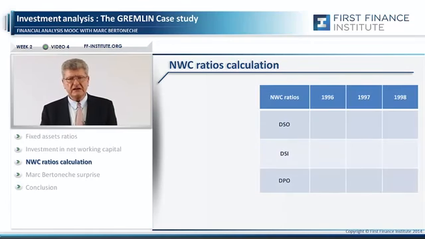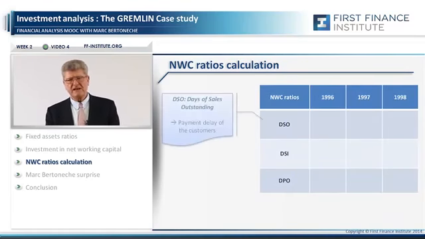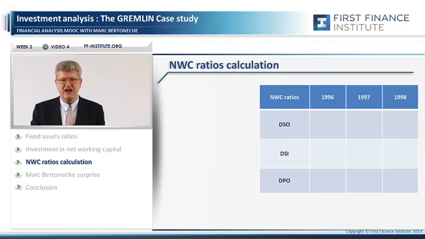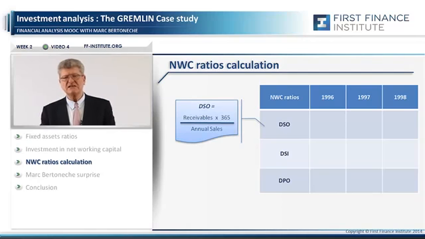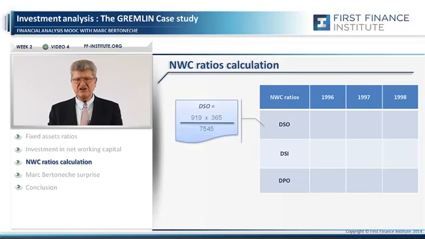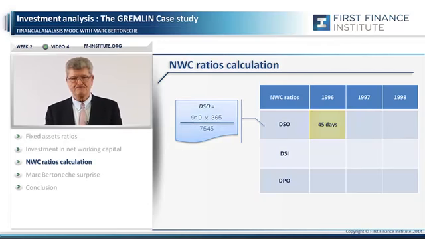If we look at the details now and the components of this net working capital, let's look at DSO first, days of sales outstanding, the average collection period, which remember we define as accounts receivable multiplied by 365, divided by annual sales. That is 919 multiplied by 365, divided by 7,545, which is 45 days.